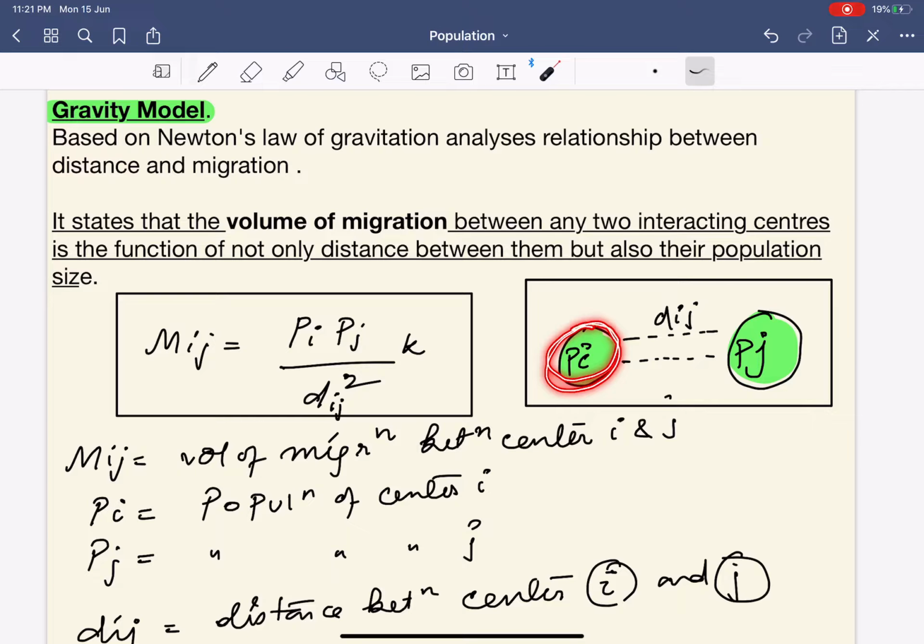This is a particular center, and this is a particular center, where Pi is the population of the ith center, Pj is the population of the jth center, and dij is the distance between them.